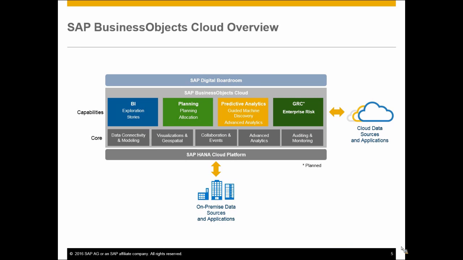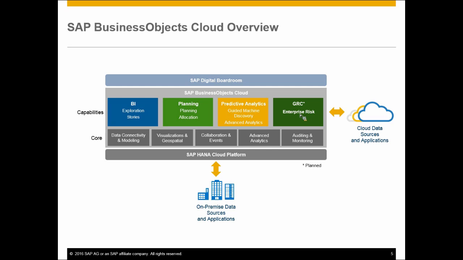So with this, let me transition to a very high-level architectural slide. What you see here is at the top the SAP Digital Boardroom. If you're interested in that, we also have webinars on that topic. The Digital Boardroom is sitting on top of our cloud offering, and as I mentioned before, we have BI, planning, predictive analytics, and in the future we will have GRC that focuses on enterprise risk.